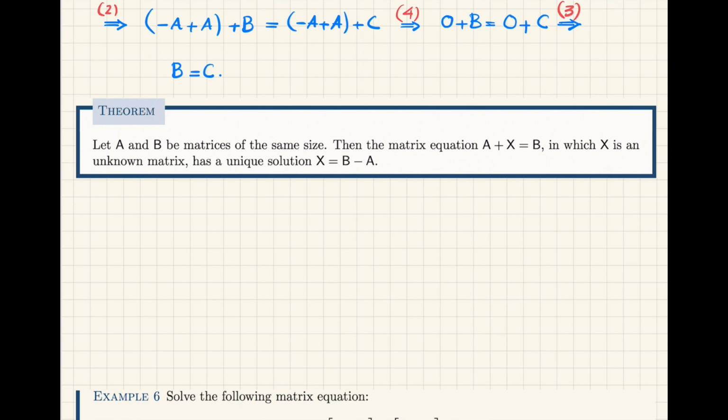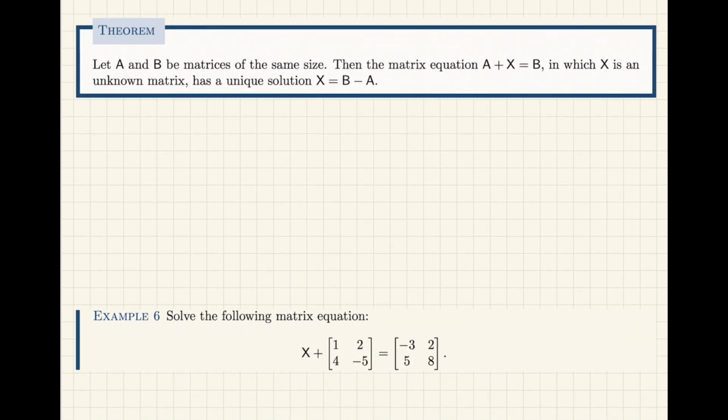First of all, you should show that this is indeed a solution, and then you show that this equation cannot have more than one solution. This is the meaning of a unique solution.